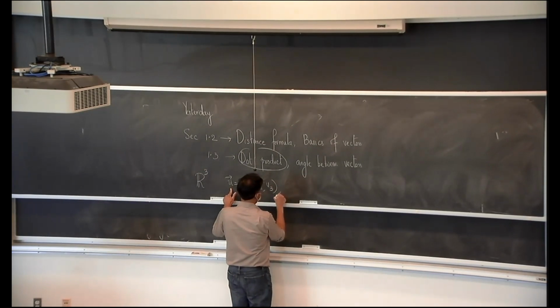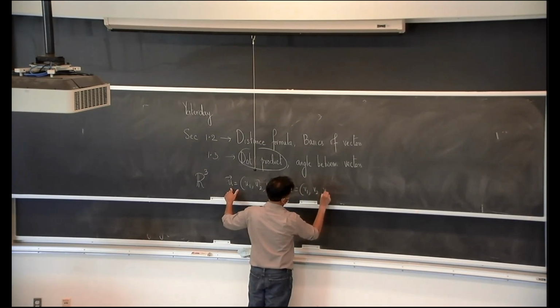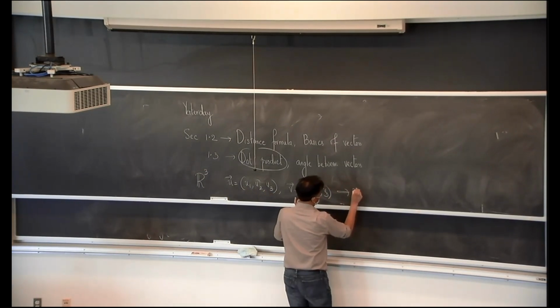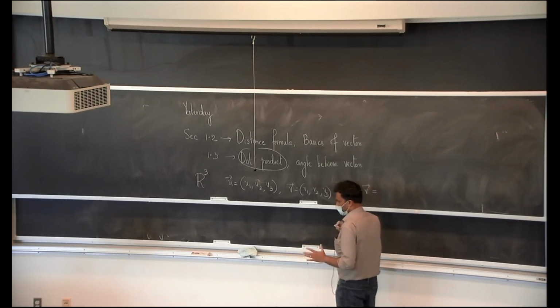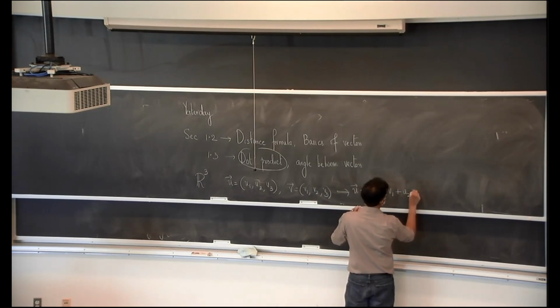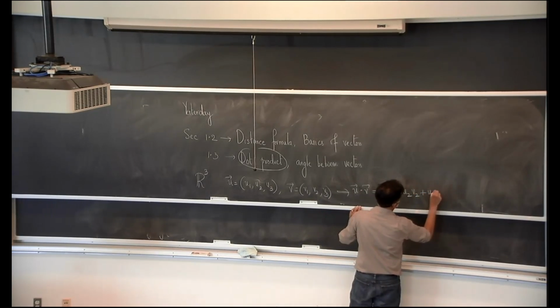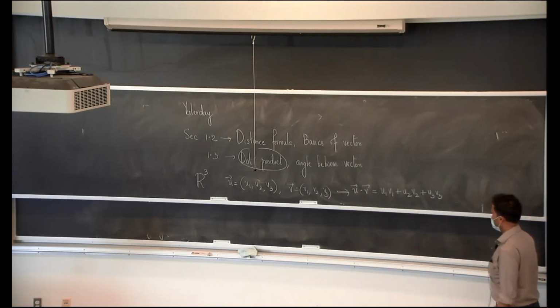So if u is this and v is (v1, v2, v3), then u dot v is a number, not a vector. It's a scalar, which is why it's called a scalar product. That's u1 v1 plus u2 v2 plus u3 v3. It could be positive, negative, or 0, but it's a number.